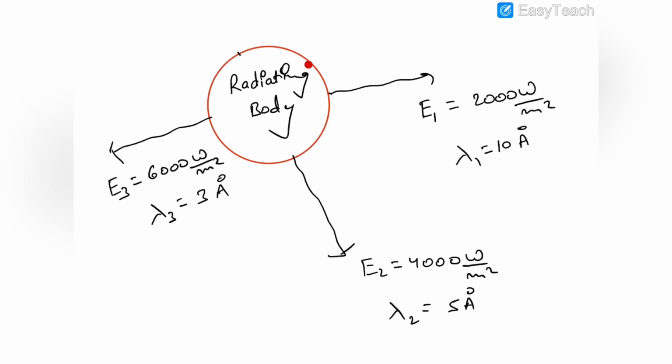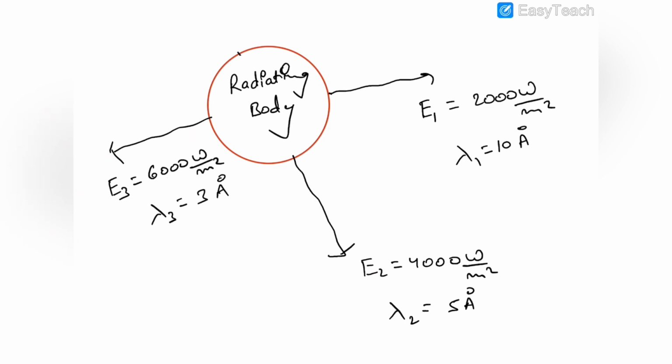Let us assume that this is a radiating body which is radiating three wavelengths: 10 angstrom, 5 angstrom, and 3 angstrom. The emissive power of the first radiation is 2000, the emissive power of the second radiation is 4000, and the emissive power of the third radiation is 6000.